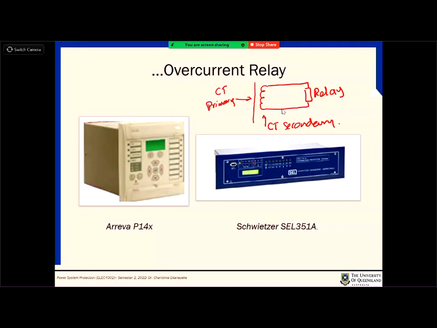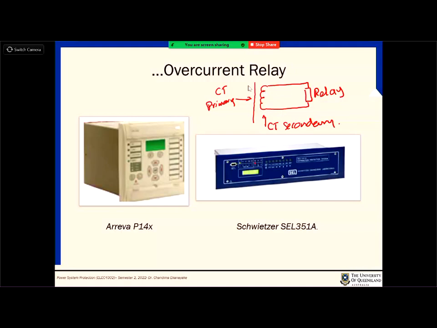Why I wanted to show that is, if you think about this circuit, I mentioned another parameter in last Friday's class called burden. What is it? If the CT is the source to run this relay, then the CT should be capable of providing a certain amount of power, taken from the main circuit.